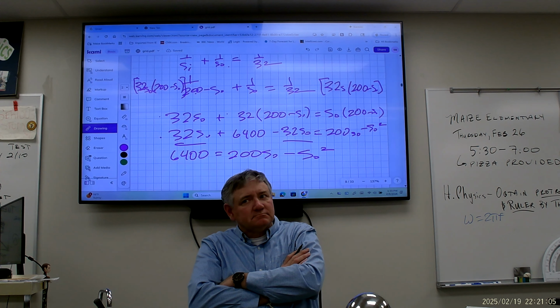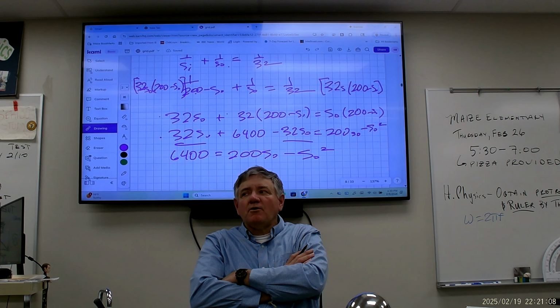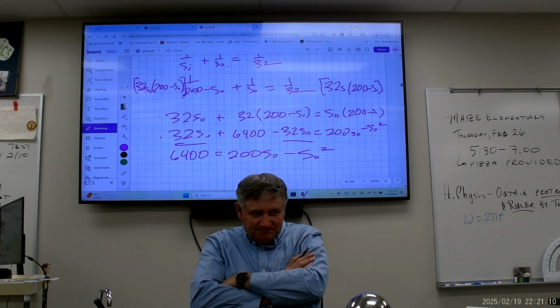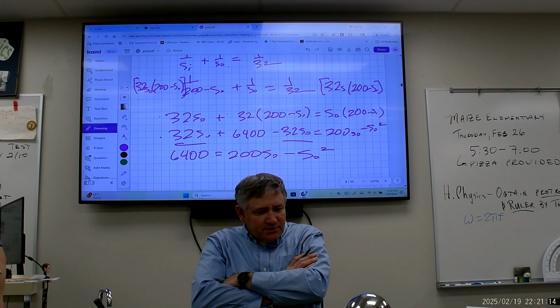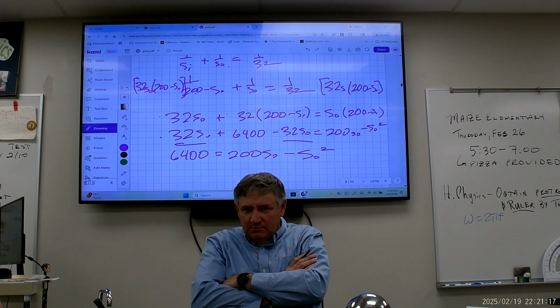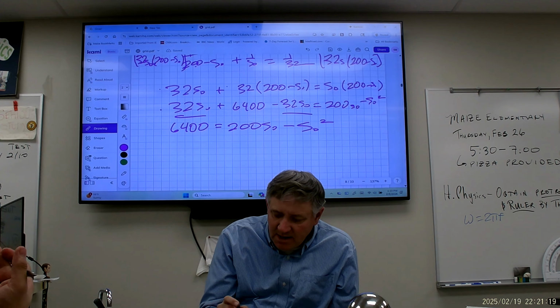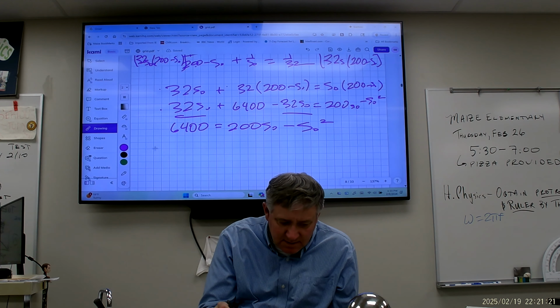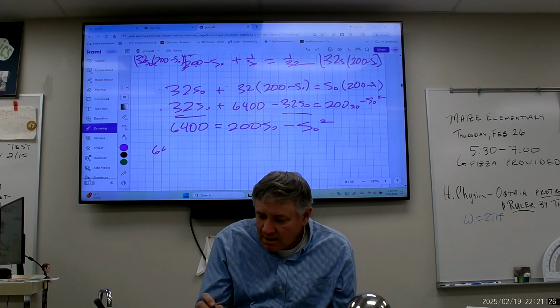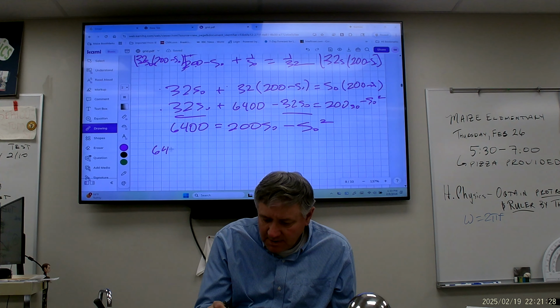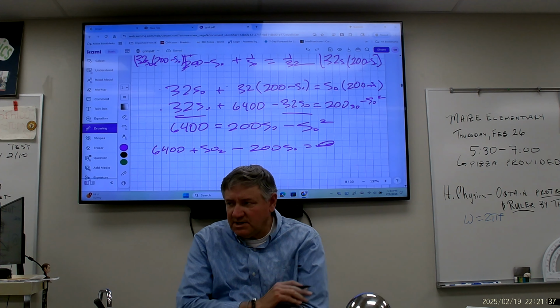Is that true? So we're going to use the quadratic because we have s_o squared. To use the quadratic, what does one side have to equal? 0. So I'm going to have 6,400 plus s_o squared minus 200 s_o equals 0.